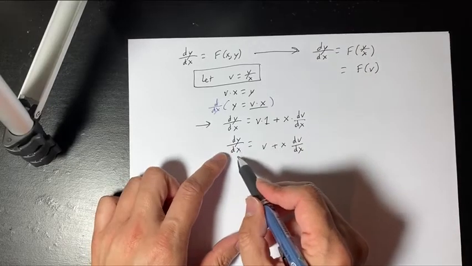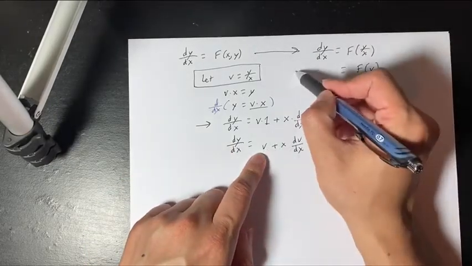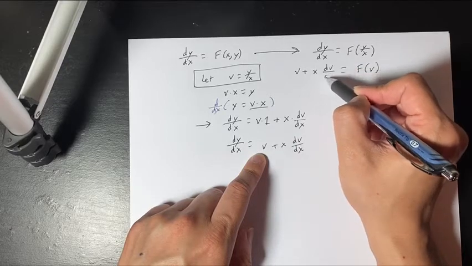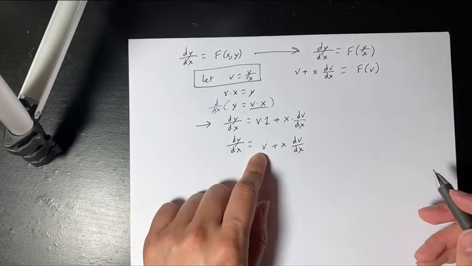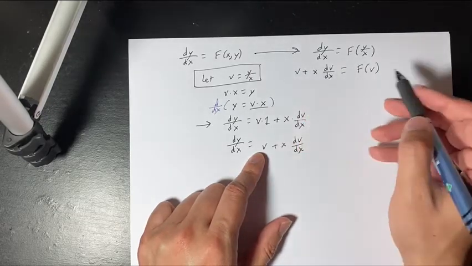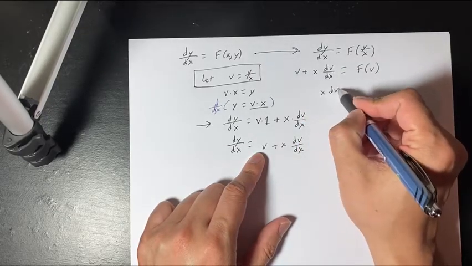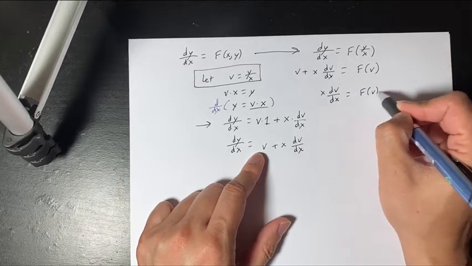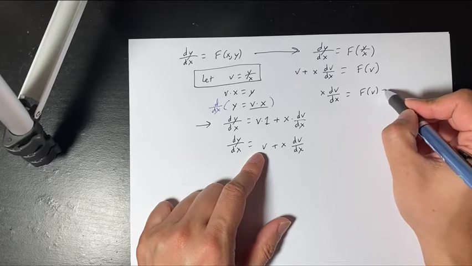Now by applying the substitution, I get to view the right side as f of v, while the left side dy dx is going to be v plus x dv dx. And so moving the v over to the left side, you can see that this is separable.